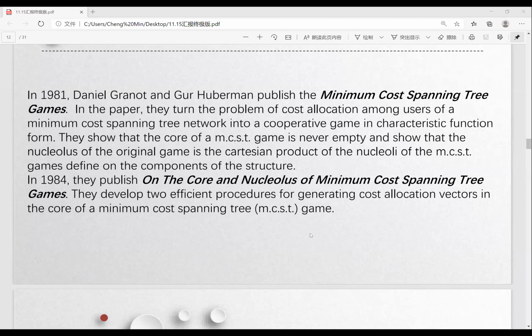They showed that the core of a minimal cost spanning tree game is never empty, and that the nucleolus of the original game is the Cartesian product of the nucleoli of the minimal cost spanning tree games defined on the components of the structure. They followed up with further studies of the core and the nucleolus and gave two efficient procedures for generating cost allocation vectors in the core of a minimal cost spanning tree game.